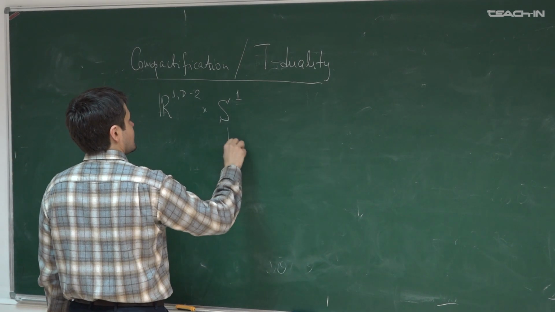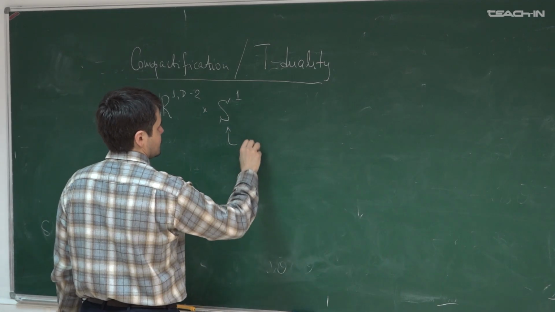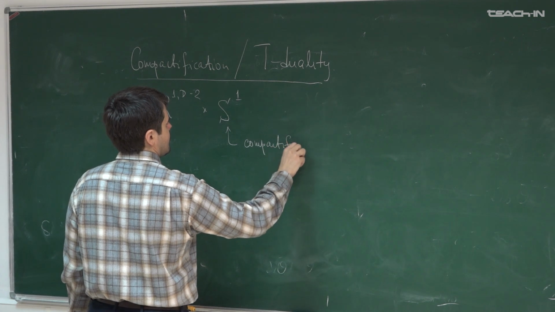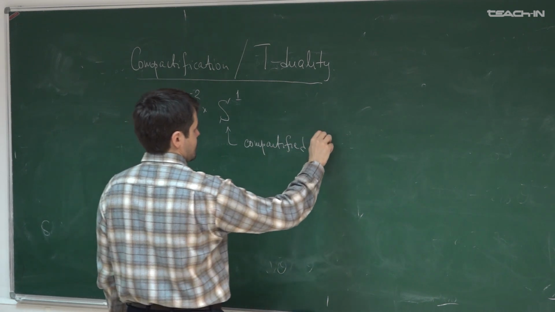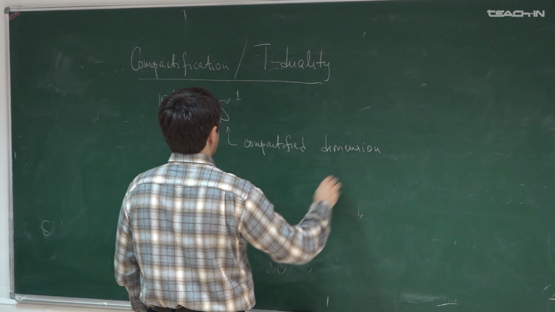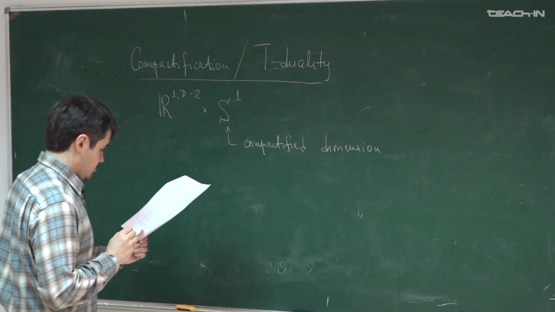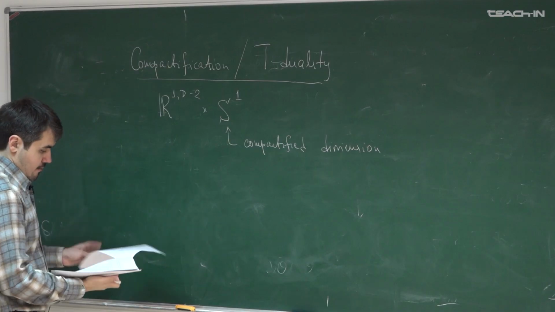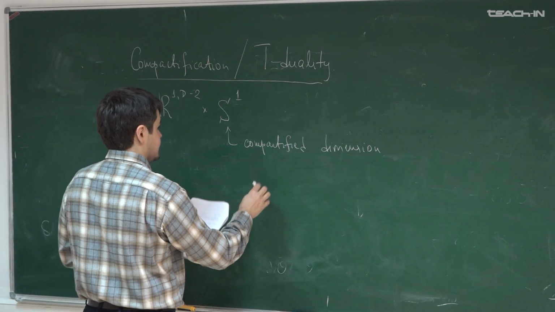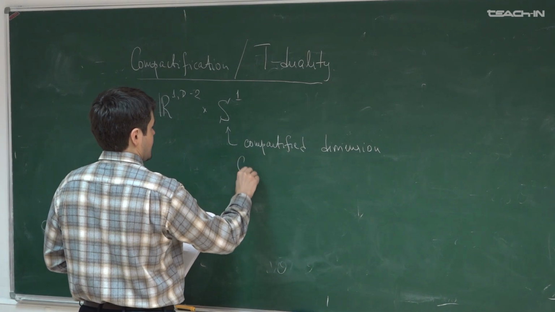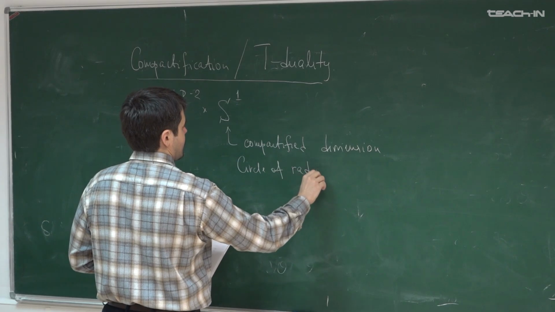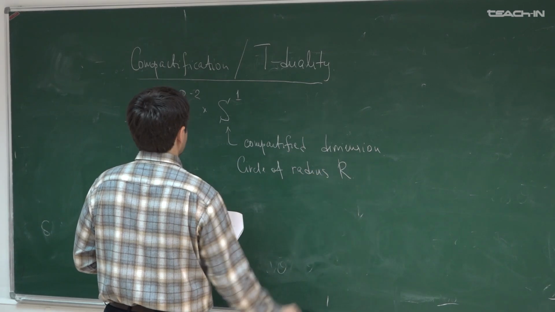So it's a compactified dimension, a circle of some radius r.